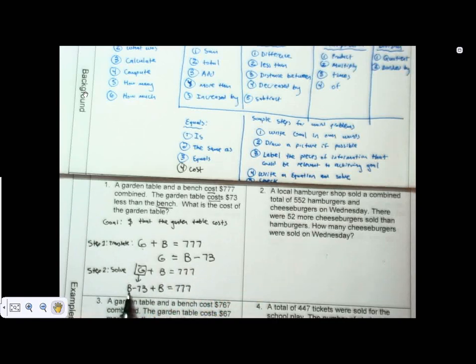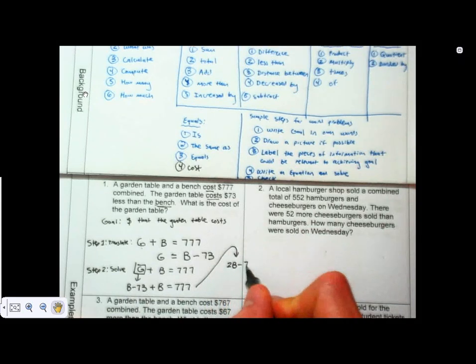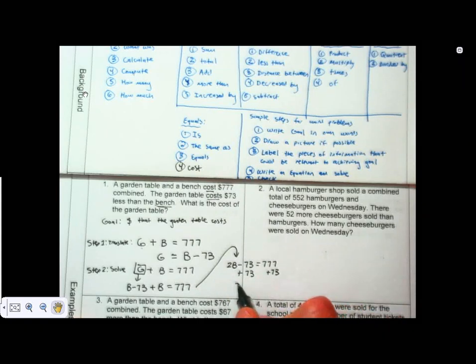Then if I solve this, B plus B is 2B, so I have 2B minus 73 equals 777. Add 73 to both sides, and I get 2B equals 850. Then I divide by 2, so I end up with B equals 425.